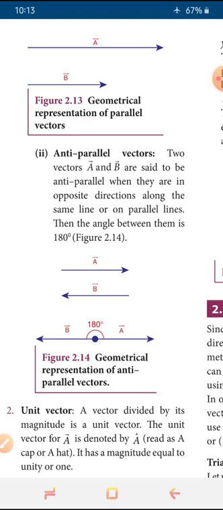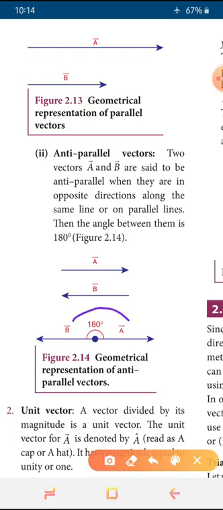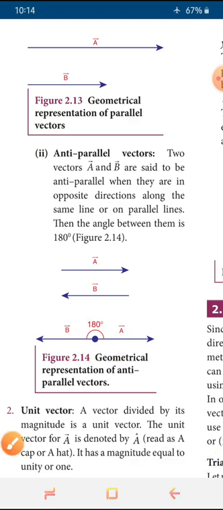When we add them in this third figure, the resultant gives an angle of 180 degree. This is called anti-parallel vectors.